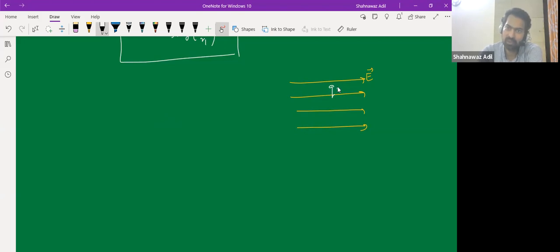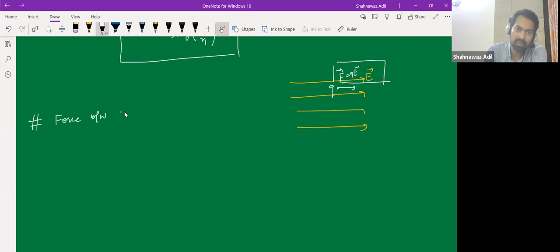QE, right? So this force would be F, which is QE. Good. Okay.